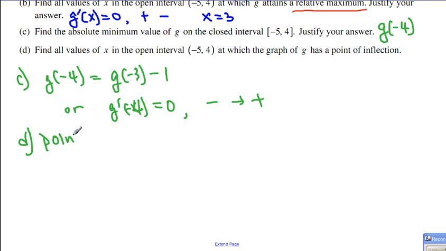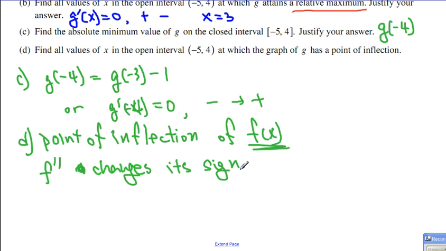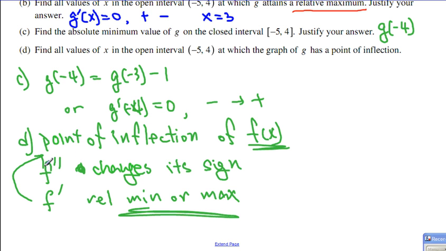Point of inflection basically means, from the original function, the double derivative, generally speaking, has to change its sign, positive to negative or negative to positive, or its first derivative has a relative min or max. That's when they have a point of inflection of the original function.